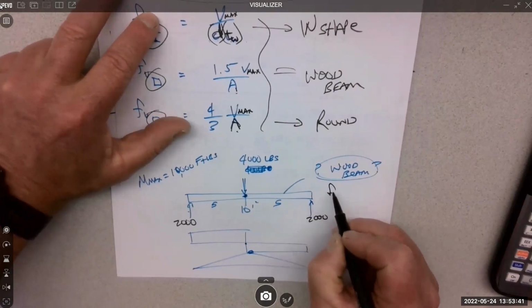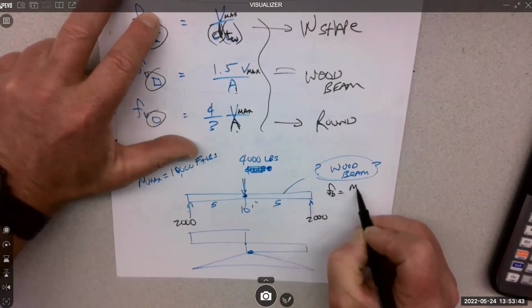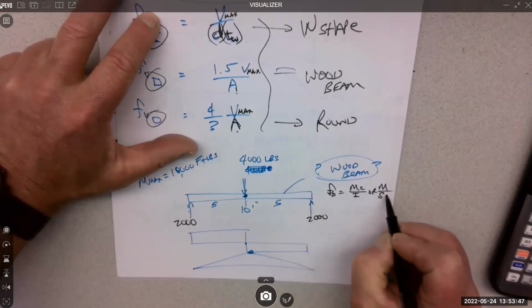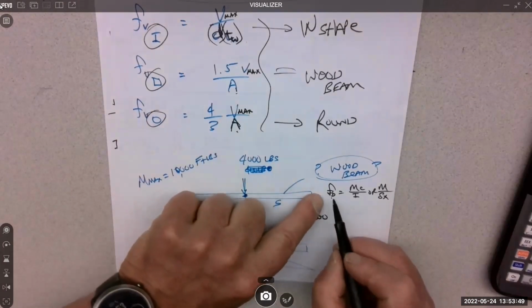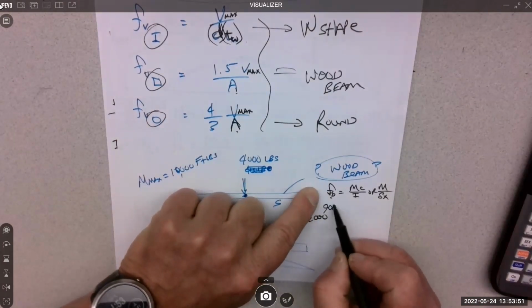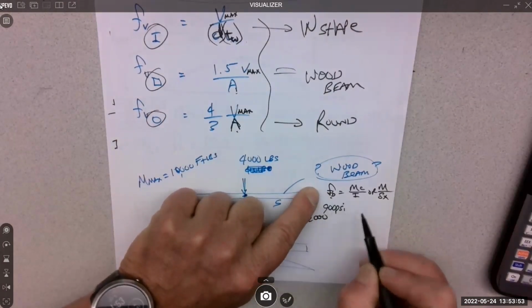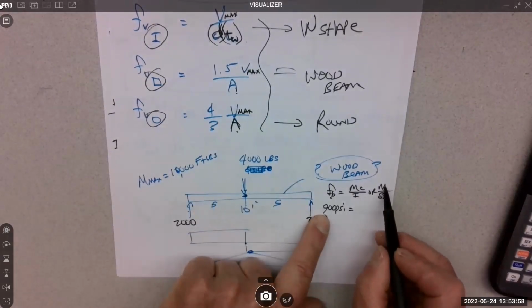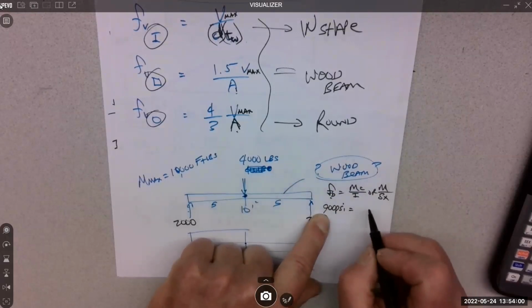So the equation, MC over I or M over SX. I know the maximum is 900 PSI, and I know the moment is 10,000 foot-pounds.